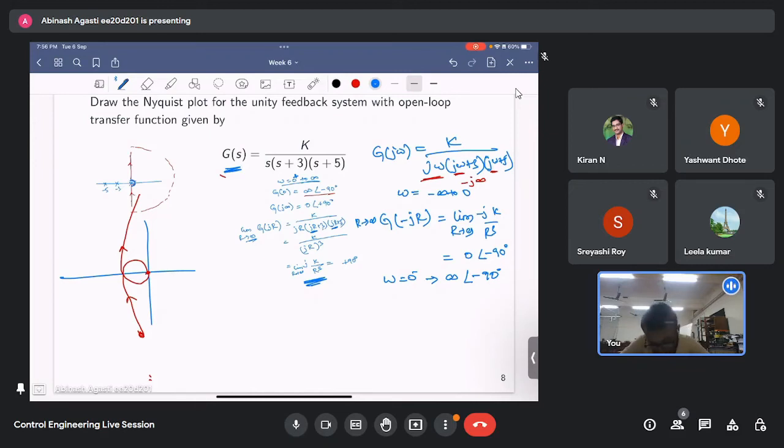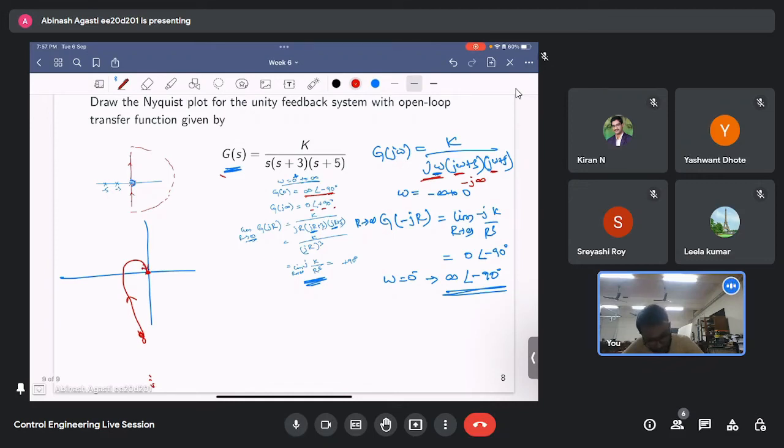If you plug in 0, then only this part will remain, that is k by j omega, and that is basically infinity at minus 90 degree. So first part is clear. We come from infinity at minus 90 degree somewhere here to 0 at plus 90 degree, this one.